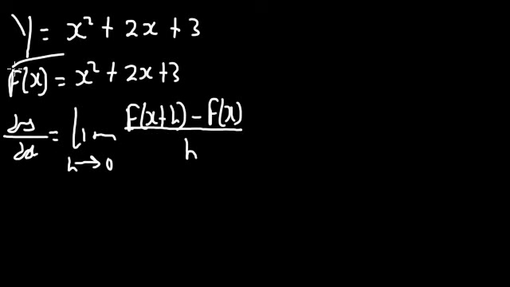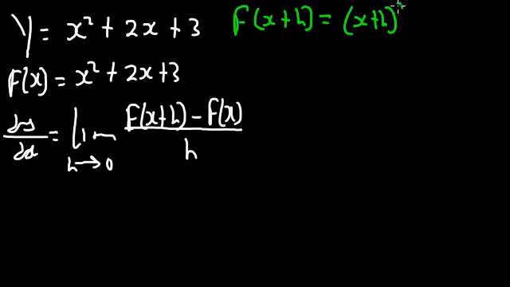Now if f of x is x squared plus 2x plus 3, then what would be f of x plus h? Wherever we see x here, we should replace it with x plus h. So therefore we have x plus h all squared plus 2 multiplied by x plus h, then plus 3. Perfect. So therefore we can now expand f of x plus h.